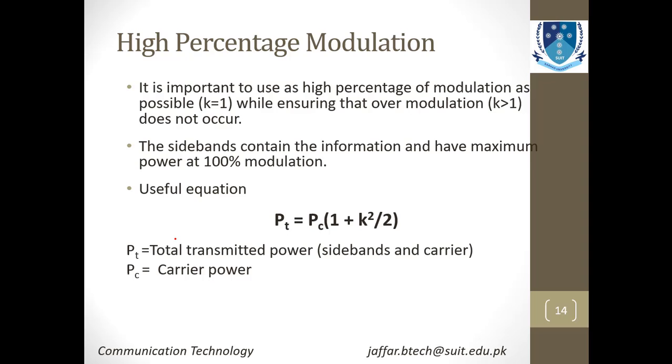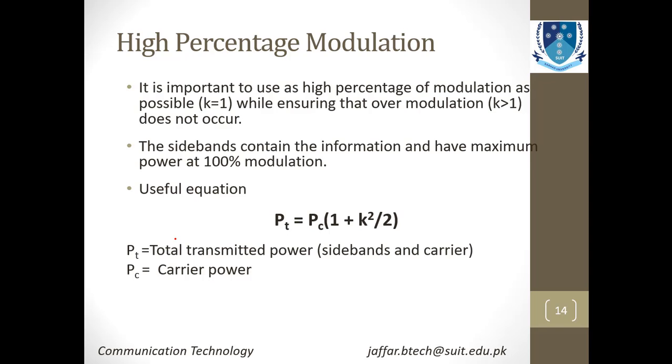So what does a high percentage modulation refer to? It is important to use as high a percentage of modulation index as possible, but it is not very practical. You can say that it is not practically possible to have all the time this much high percentage of modulation while ensuring that over modulation does not occur.